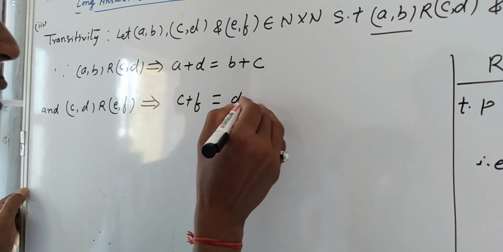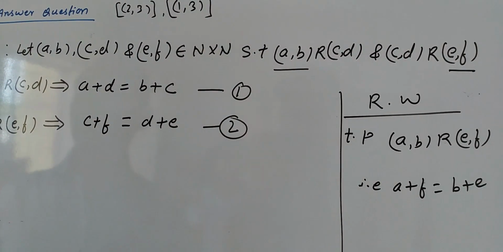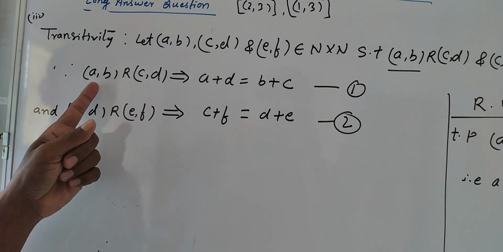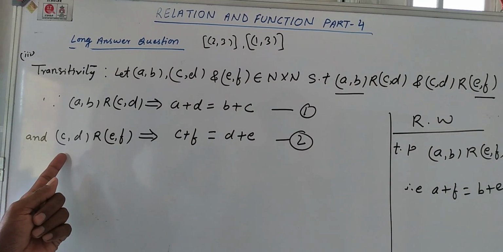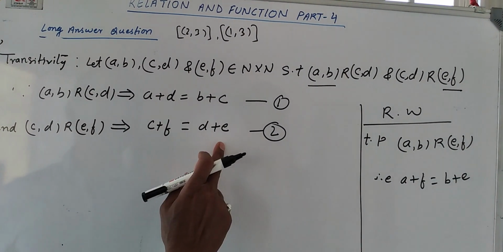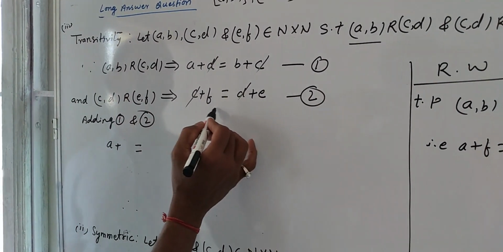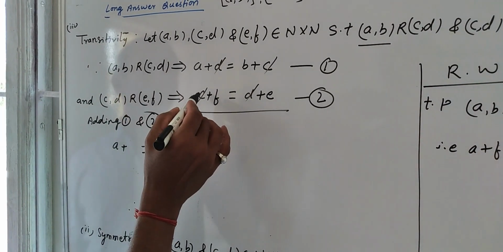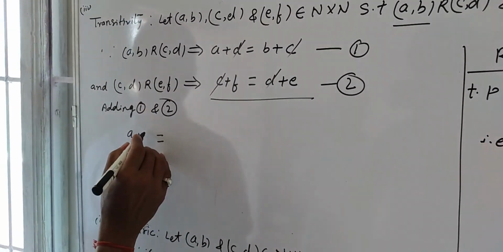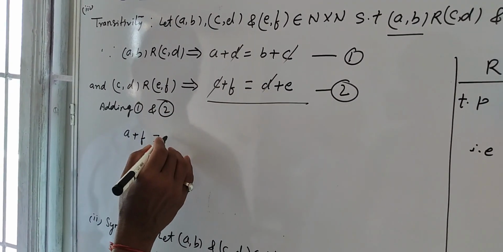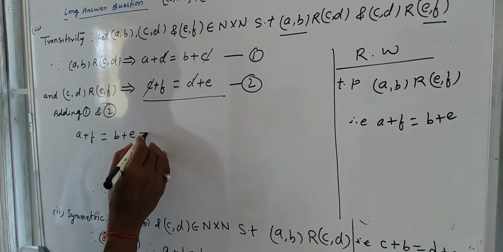So these are the first and second conditions. Since (a, b) is related to (c, d), this condition is verified. Again (c, d) is related to (e, f), so this condition once again. If you add the first and second, c will cancel, d will cancel. Now the result: a plus f equals b plus e. This we wanted to prove. So we got this result.